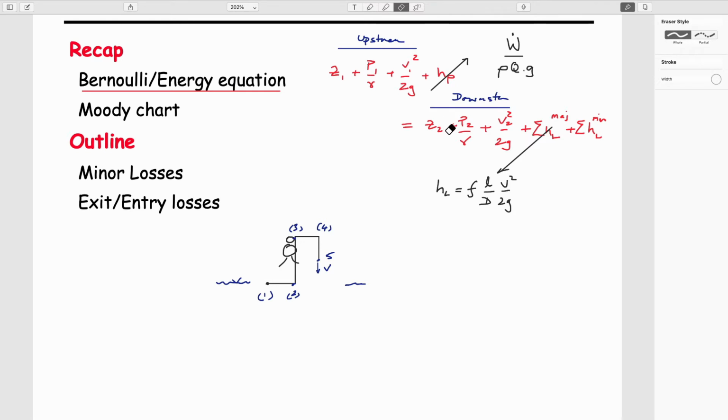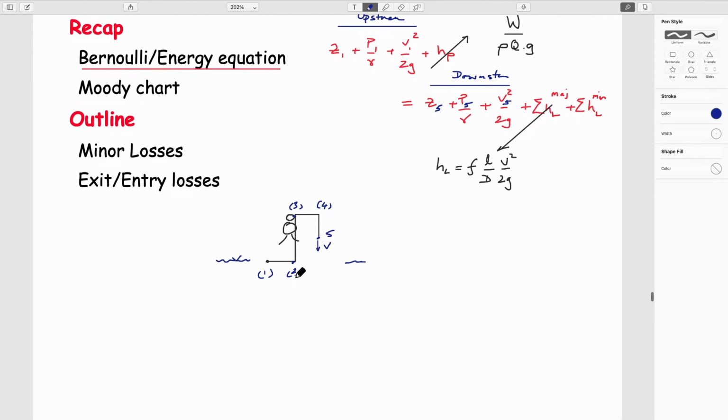Probably I would be interested in doing this as this, right? If I was solving this problem. And so these individual components, this would be the sum of the head losses. The sum of the head losses would be the components between 1 and 2, 2 and 3, 3 and 4, and 4 and 5.